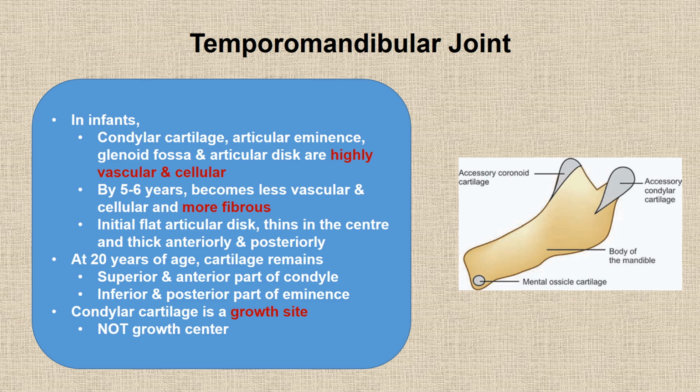After 20 years of age, the cartilage remains in the superior and anterior part of the condyle and the inferior and posterior part of the eminence. Remember, the condylar cartilage is a growth site, not a growth center.